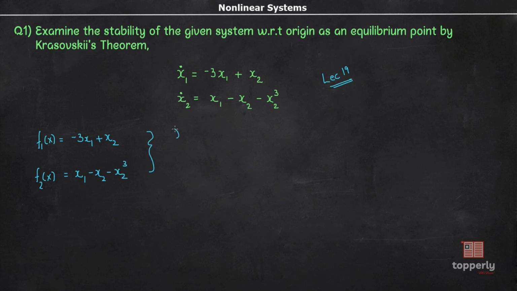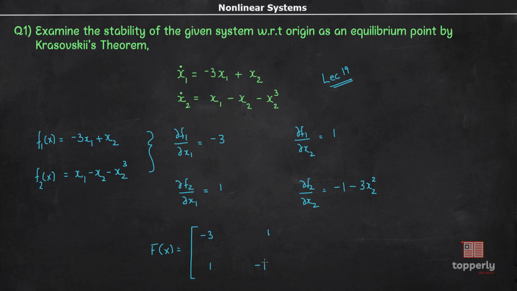From this we can write dou f1 by dou x1 equal to minus 3, dou f1 by dou x2 equal to 1, dou f2 by dou x1 equal to 1, and dou f2 by dou x2 equal to minus 1 minus 3x2 square. Therefore, the Jacobian matrix for the system is F of x equal to minus 3, 1, 1 and minus 1 minus 3x2 square.